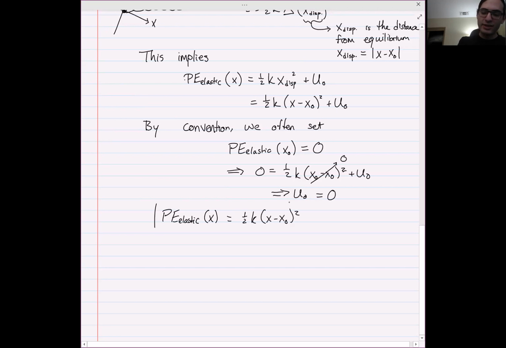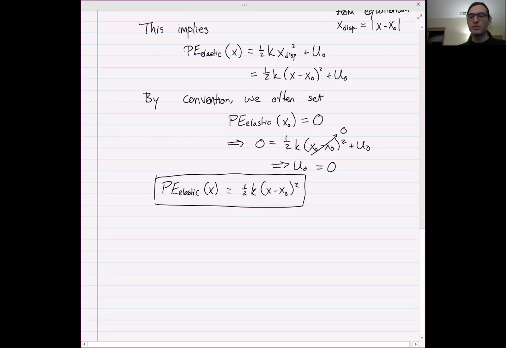Now I said that I would generalize this. This is a totally valid formula for potential energy, as long as you're restricting to just one dimension. As long as your spring is just going back and forth in one direction, that's fine. But if your spring can rotate, or pull in different directions, then you might want to generalize a bit.